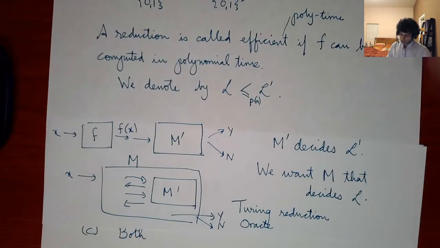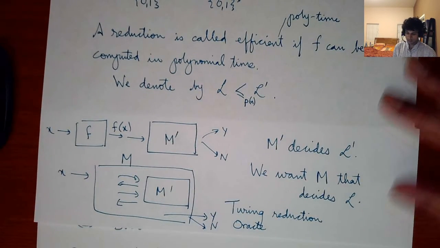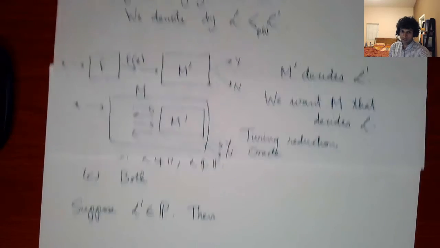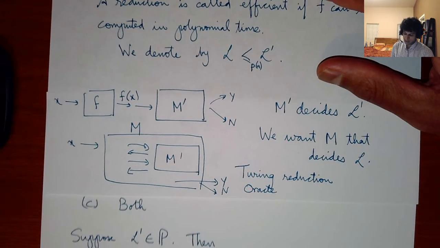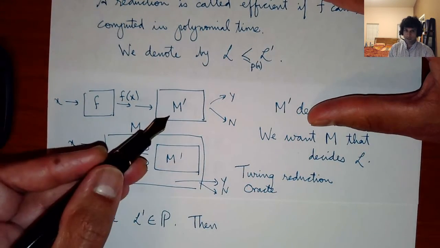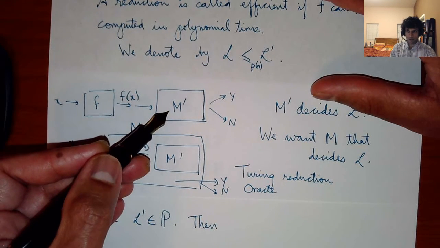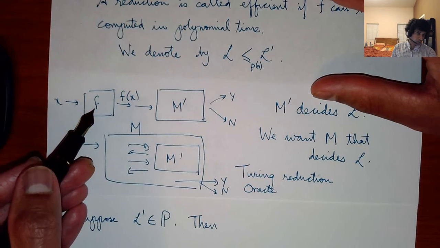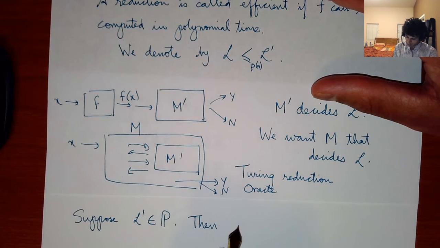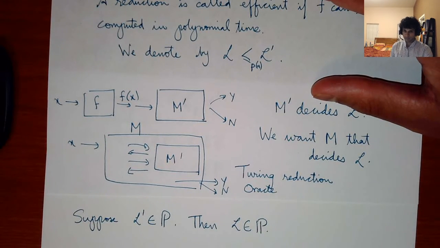What this implies: M prime, if L prime is in P, then M prime runs in polynomial time. F runs in polynomial time because we just said that this is an efficient reduction. Then that would mean that L is in P. Right?